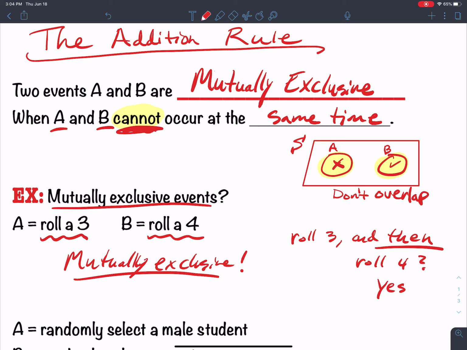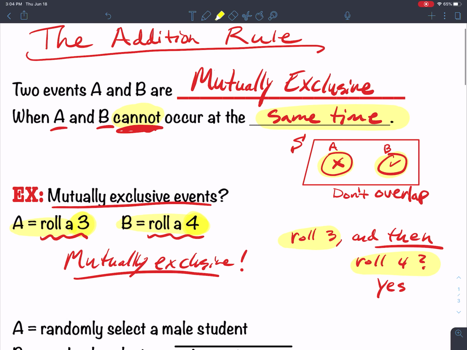Yes. But what's the difference between this scenario and that one? The first scenario asks, at the same time, can I roll a 3 and a 4? The second says I roll a 3 at one moment, and at a later moment, can I roll a 4? Yes, that's possible. That's two events, not what we're describing here.